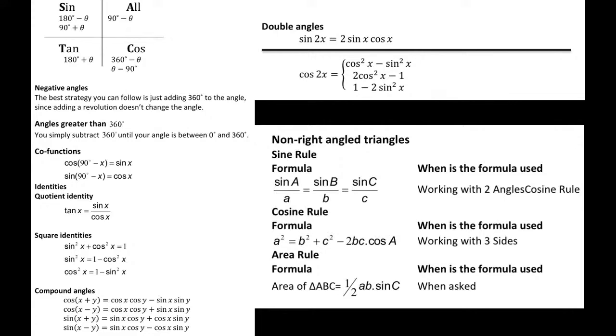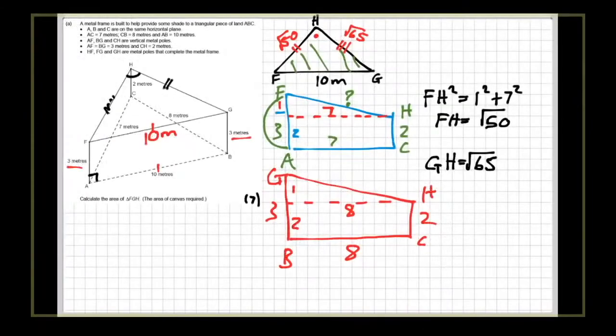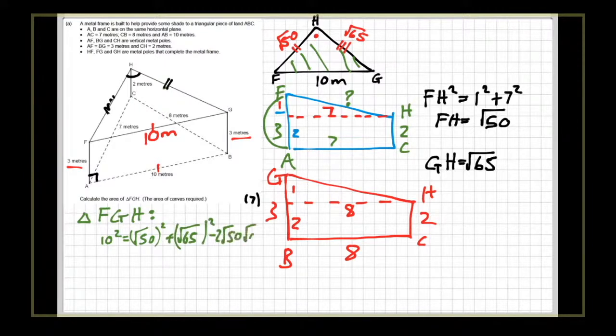So if I look at my cosine rule in triangle FGH, it says that 10 squared is equal to root of 50 squared, root of 65 squared minus 2 root 50 root 65 multiplied by cos of angle FHG.